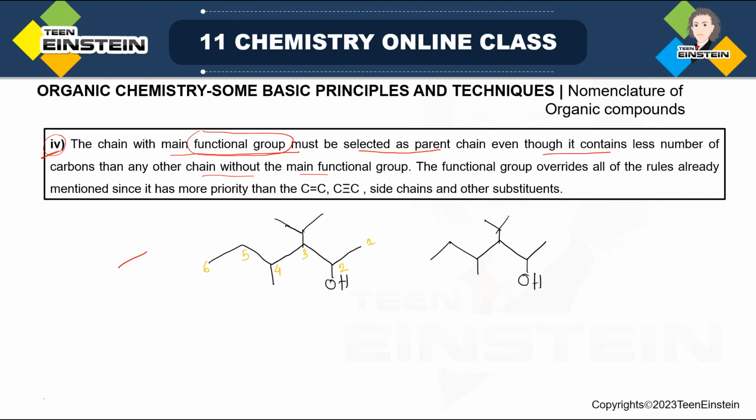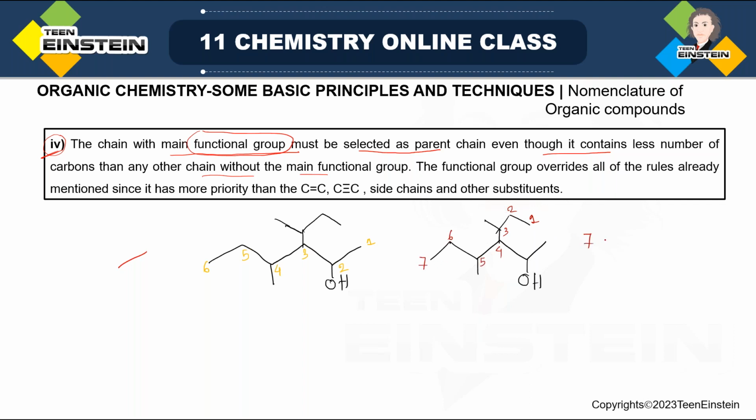Then another way I can choose is from this side, this point: 1, 2, 3, 4. Sorry, there will be one more carbon like this. Now if I start the numbering from this position: 1, 2, 3, 4, 5, 6, 7.